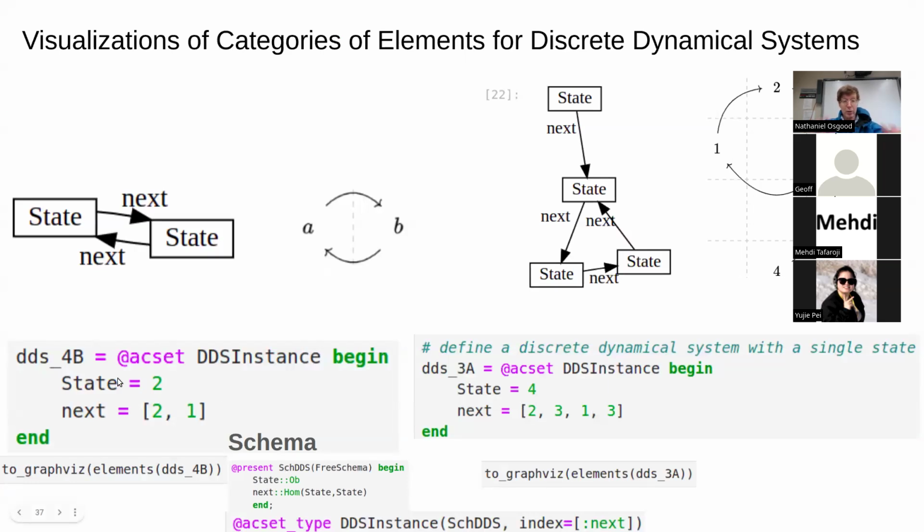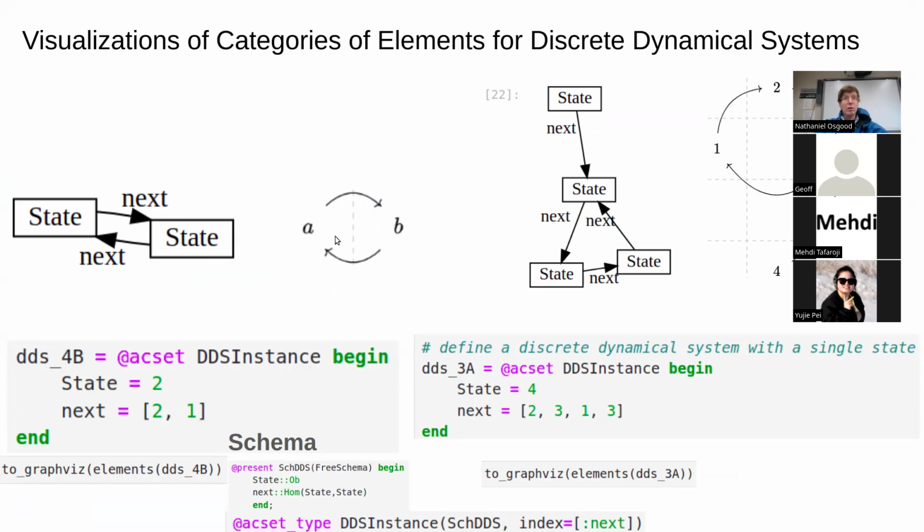This is one such presheaf, right? Where we have two states, so state maps to a set of size 2, and where the next function, using the notation of CATLAB here, maps the first of those states to the second of them, and the second of them to the first. So the index here is the current state, and the value here is the next state.